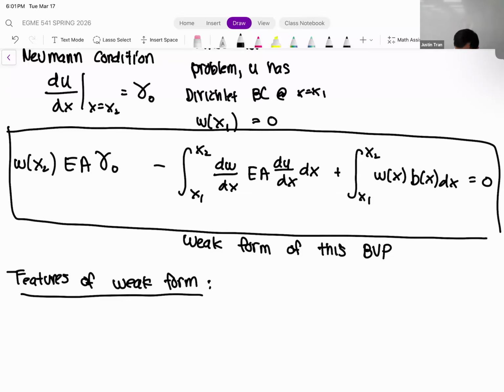The first thing that we notice is that because of our integration, we get one equation that incorporates both our governing equation and our boundary conditions together. Specifically, the Neumann boundary conditions are now incorporated directly into our equation.